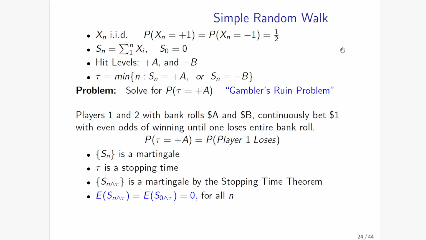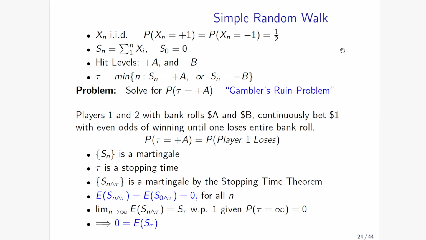Starting out at time 0, Sn is equal to 0. If we take the limit as n goes to infinity, this converges to the random variable S tau with probability 1. And this is proven partly by showing that the stopping time can't be infinite.